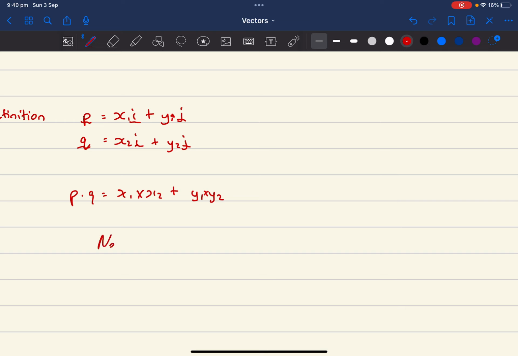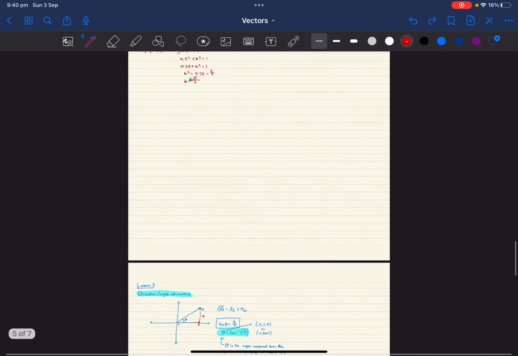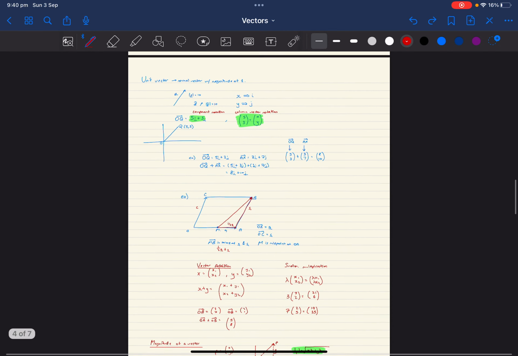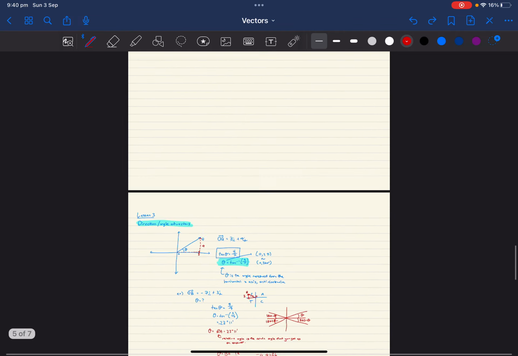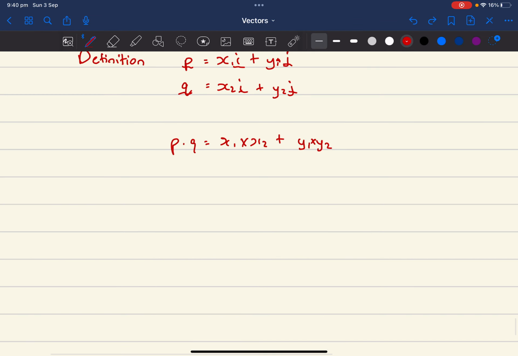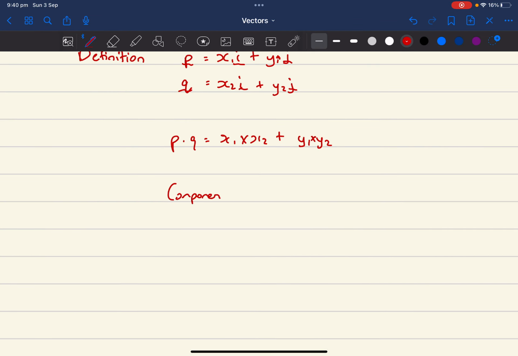I mean the, what's it called? The component notation, right? So if they gave it in component notation, let me give just an example and you can see how it works. Let's say P equals 3i plus 5j, Q equals 7i plus 3j, right? And then it asks, what is the dot product?